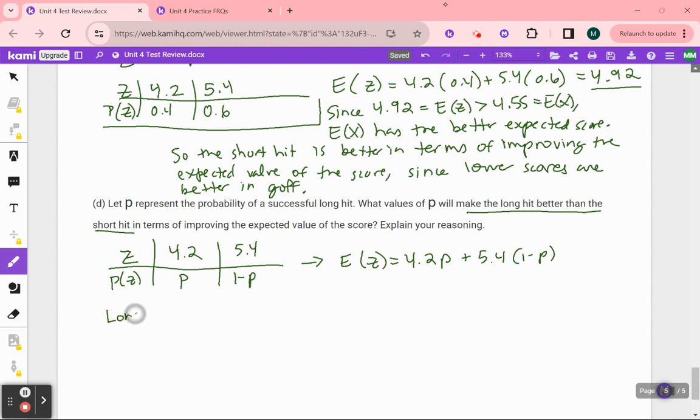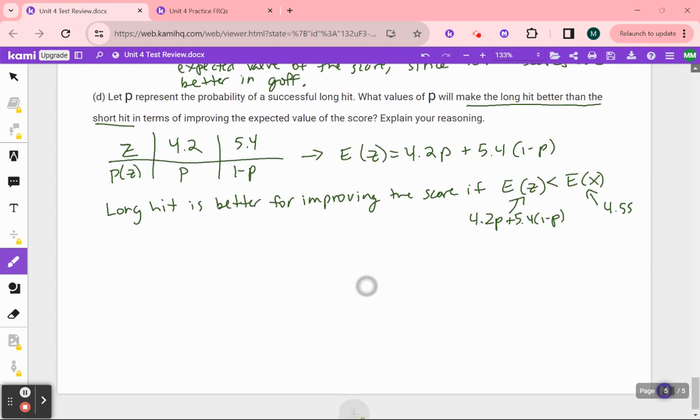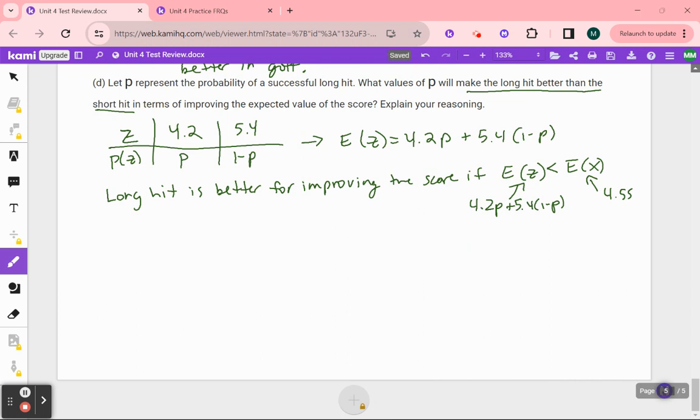The long hit is better for improving the score if the expected value of Z is less than the expected value of X. Now this is 4.55 and this is 4.2 P plus 5.4 times 1 minus P. So we're going to set up an inequality and solve it, where we have 4.2 P plus 5.4 times 1 minus P is less than 4.55.